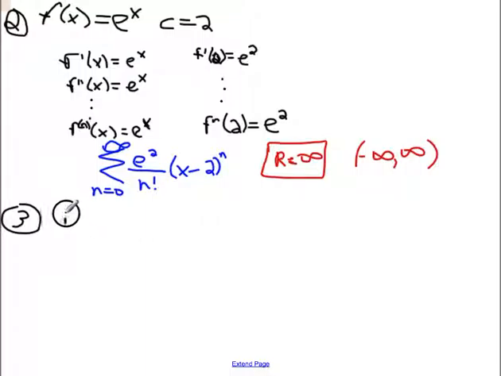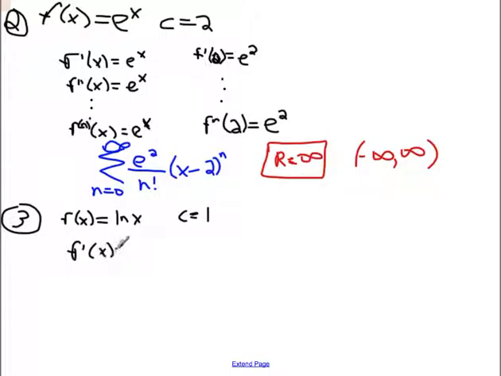I think it wants in number 5 for us to do f of x equals natural log, and it looks like it wants us to center this Taylor series at 1. Okay? So brute force, let's just start taking some derivatives.